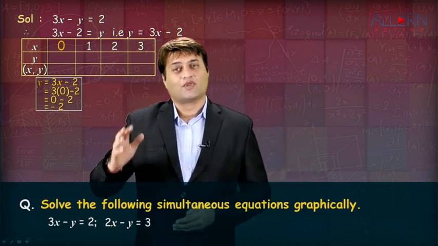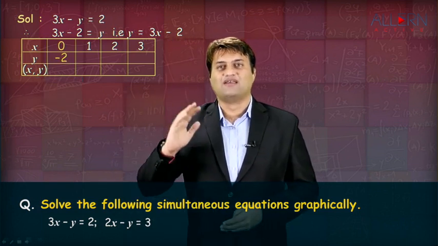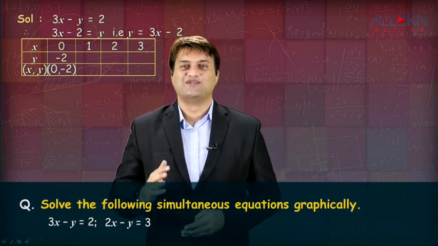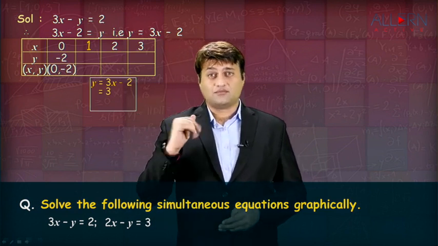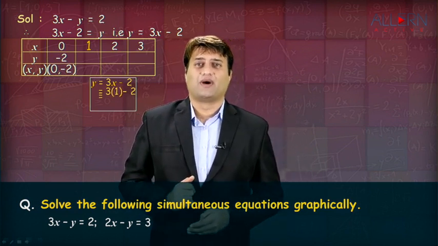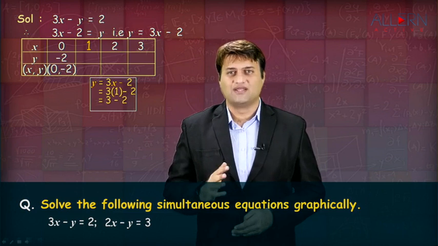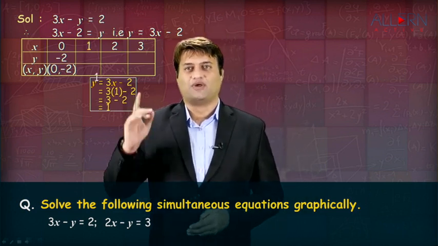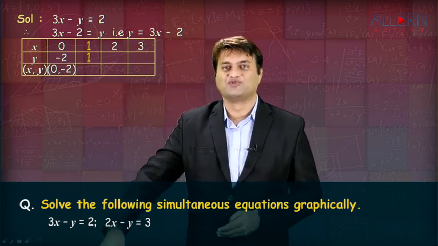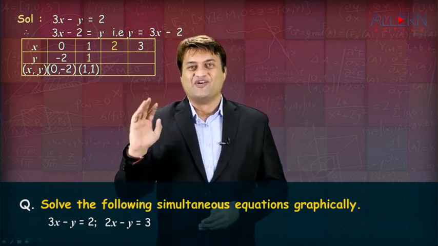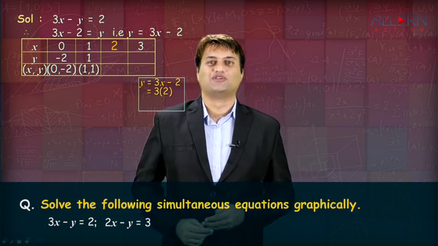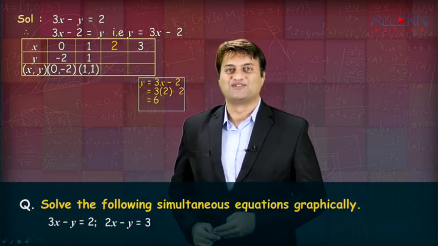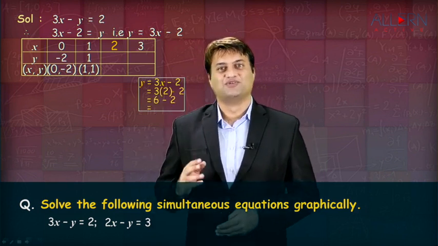So, you get x is equal to 0, y is equal to minus 2, the point is 0 comma minus 2. When x is equal to 1, y is equal to 3 into 1 minus 2, that is 3 minus 2, that is equal to 1. So, when x is 1, y is 1, the point is 1 comma 1. When x is equal to 2, let us see the calculations. Y is equal to 3 into 2 minus 2, that is 6 minus 2, that is 4.